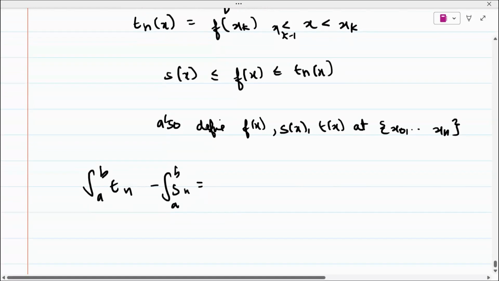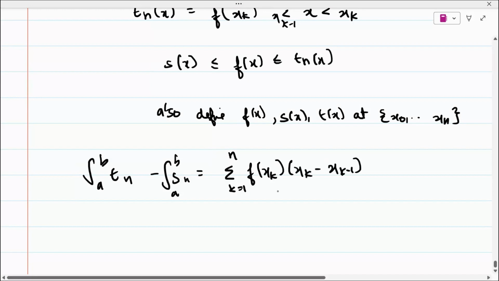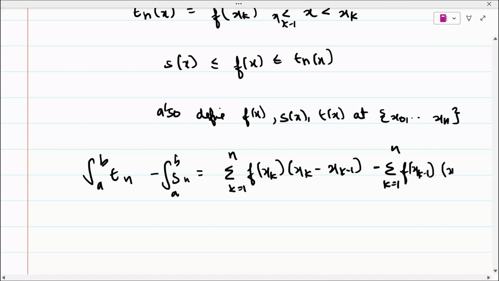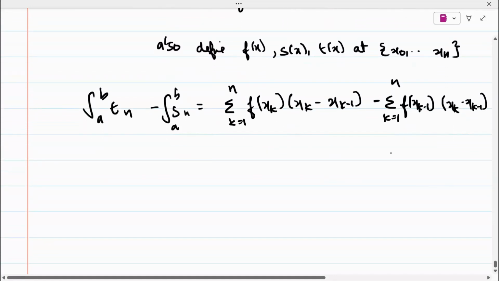So what does that equal to? Well, step function integration: the integral of tn is the sum from k equals 1 to n of f of xk times the interval length. Similarly for sn, it is the sum of f of xk minus 1 times (b minus a) by n.